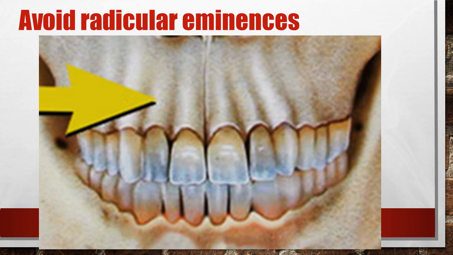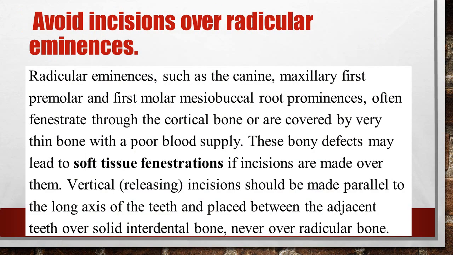So these are the two reasons because of which you are supposed to avoid your horizontal and severely angled incisions. Now, the second is to avoid your radicular eminences. You have to understand the soft tissue is very, very thin in these areas because the root surface is protruding. You will do fenestration, because of which your cortical bone is going to be exposed.